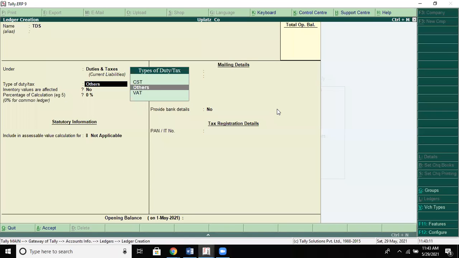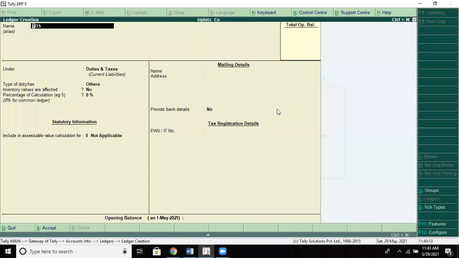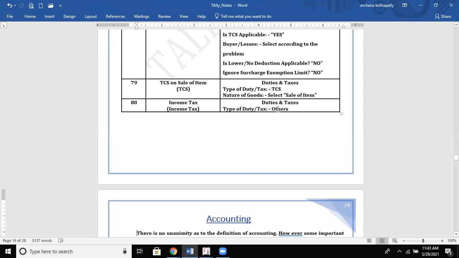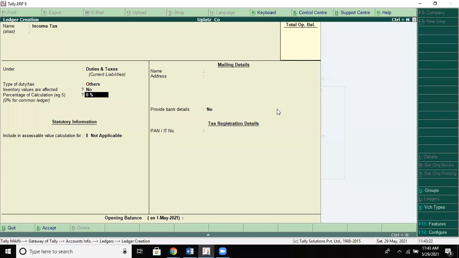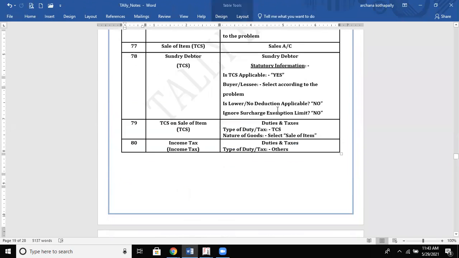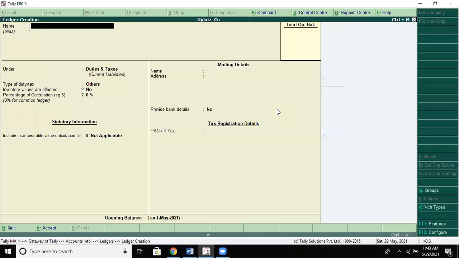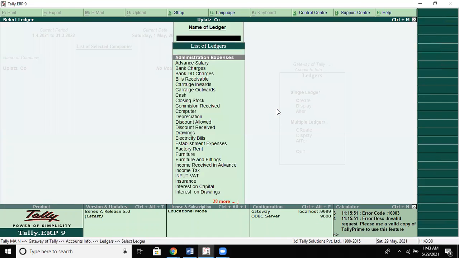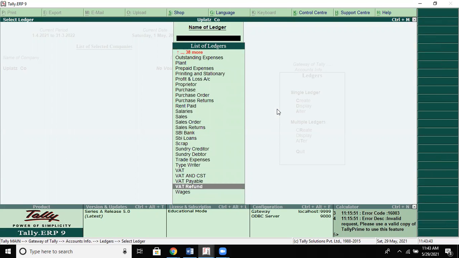Maintaining income tax, let's create income tax. So basically, these are all the accounts which we have created. Now let's view the accounts which we created. So display, single ledger display. These are the list of accounts which we have created in our company right now.